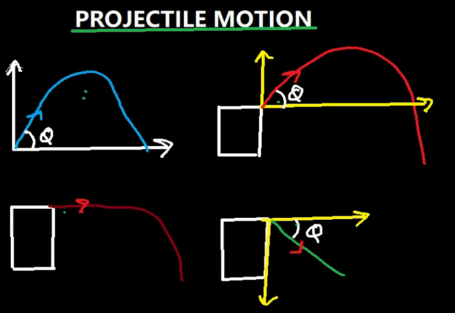We also have another case of projectile motion, which we call the top below horizontal released ground case, where the object is released from the top of the building below the x-axis and goes down to the ground.